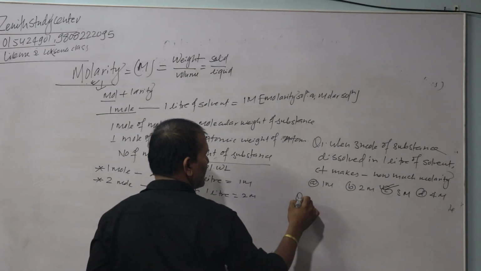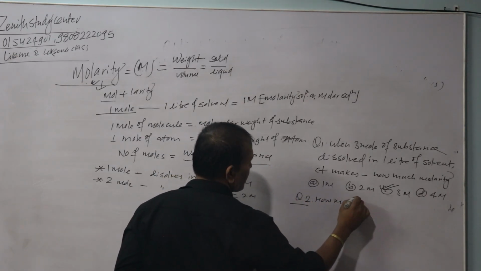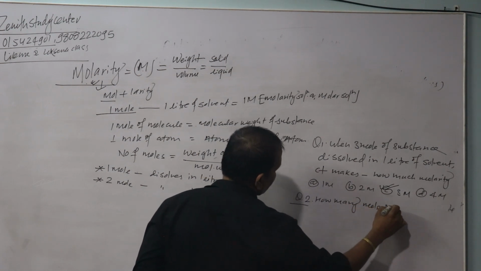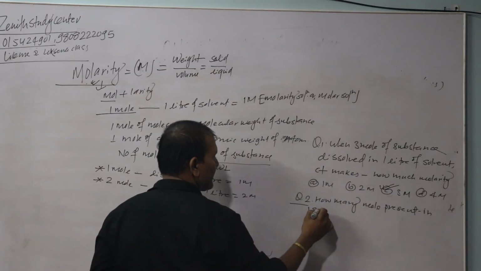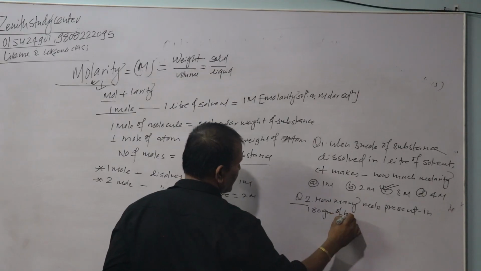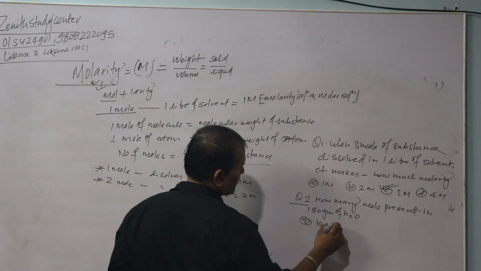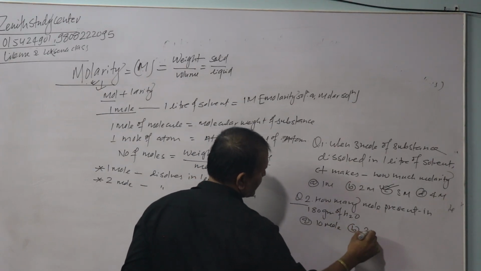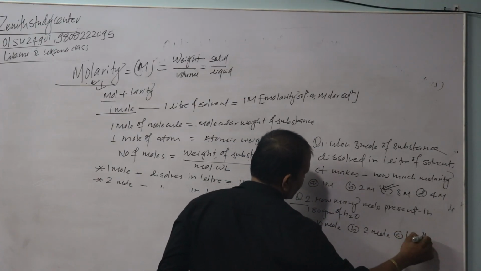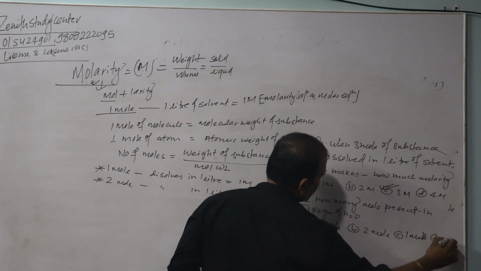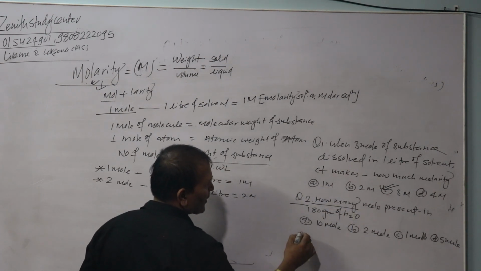Question number 2. How many moles are present in 180 grams of H2O? Option A 10 moles, B 2 moles, C 1 mole, D 5 moles. So first we find the number of moles.